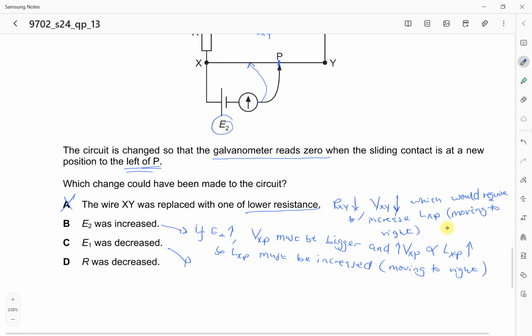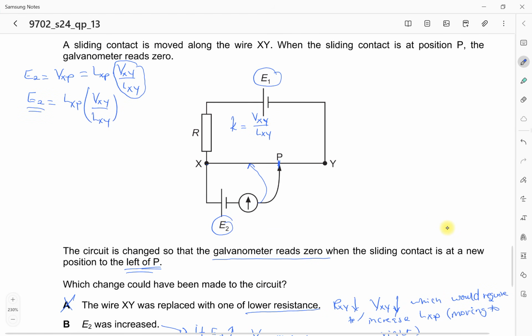Let's check E1. E1 being decreased. If E1 is decreased, what happens to the PD across XY? Because if E1 is decreased, remember, E1 is equal to the PD across R plus the PD across XY, not XP.